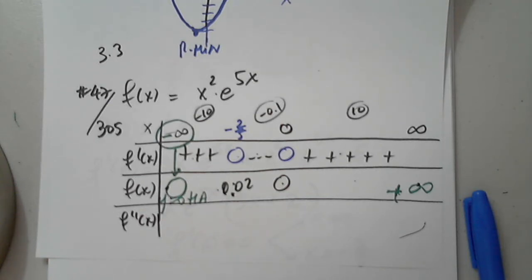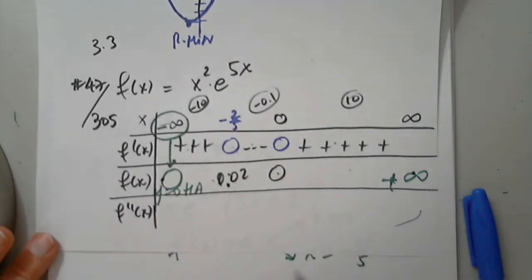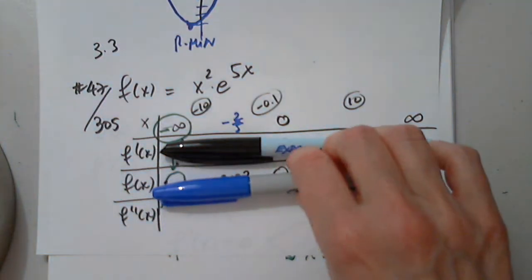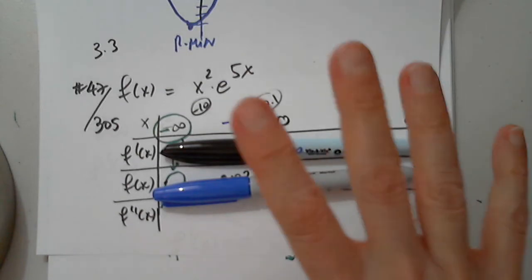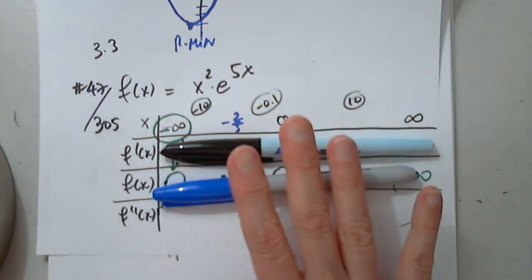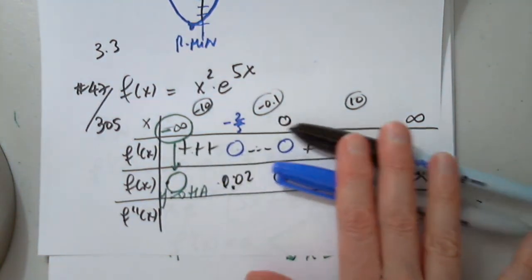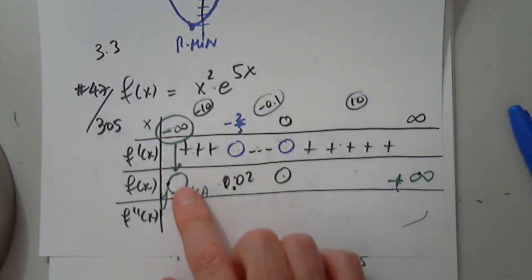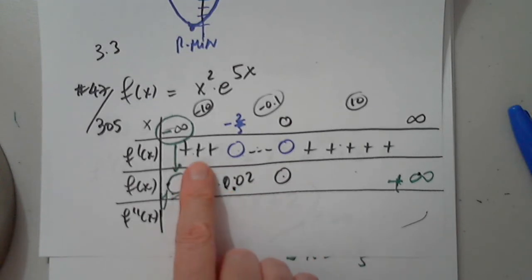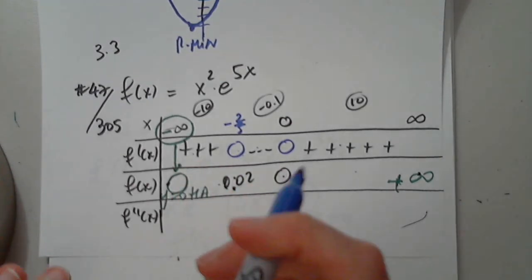Okay, so now I have to make sense of this first row and make sure that it works well with the second row. Now I know if these don't go well together, then I have an error. From negative 2/5 to 0, the function is barely increasing, but it's supported by the sign of the first derivative.